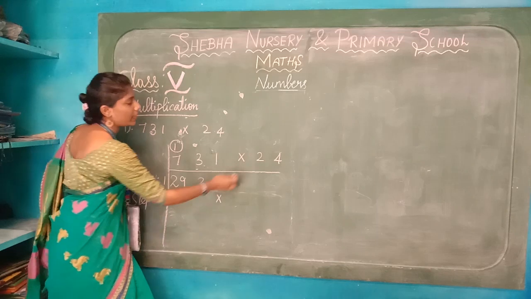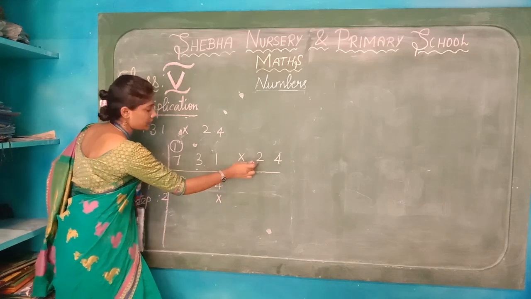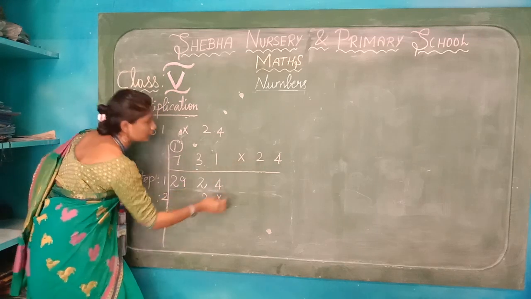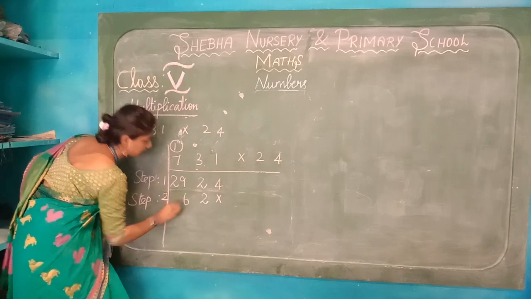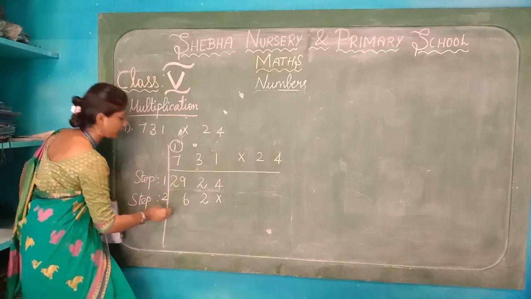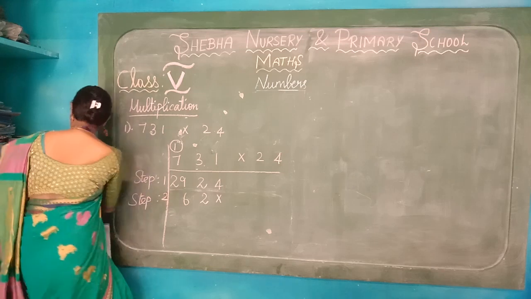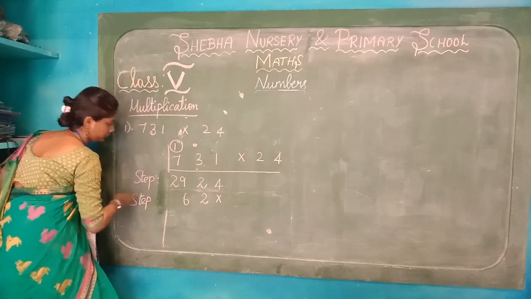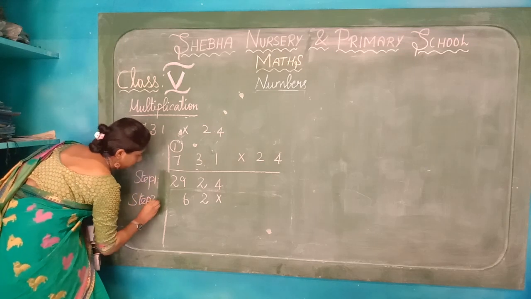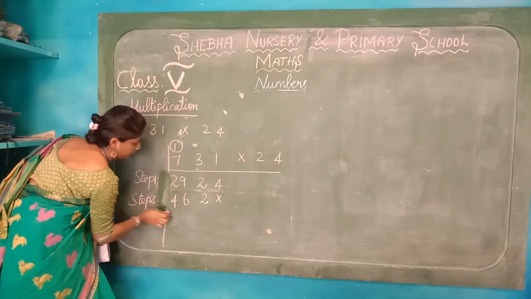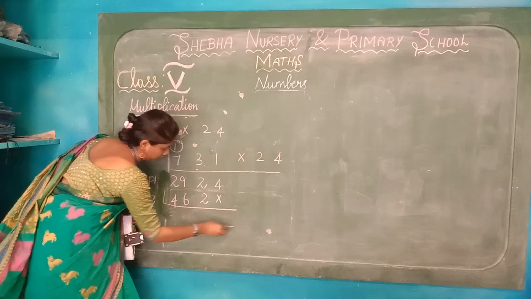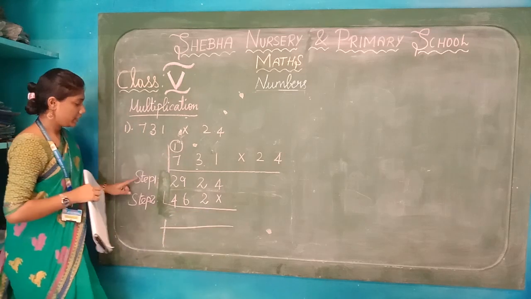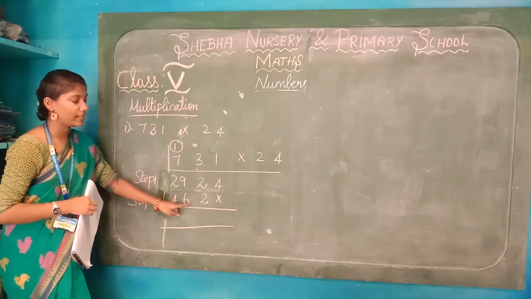Okay children, and then start with the tens place. 2 ones are 2, 2 threes are 6, 2 sevens are 14. In multiplication, in step 1 and step 2, you have to only add.